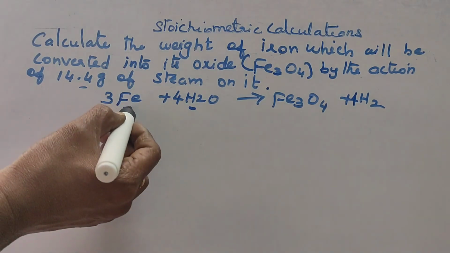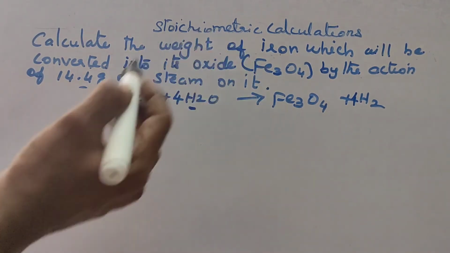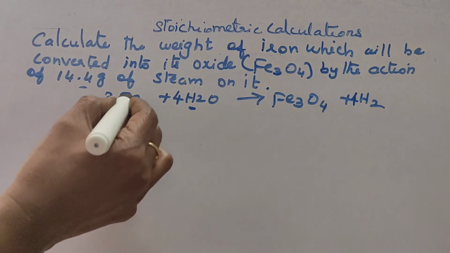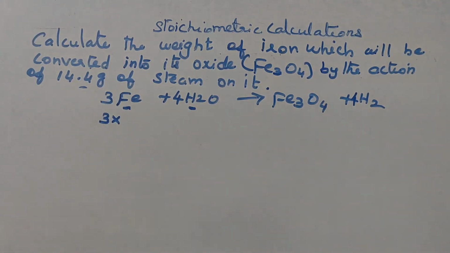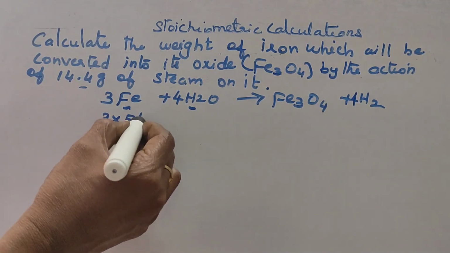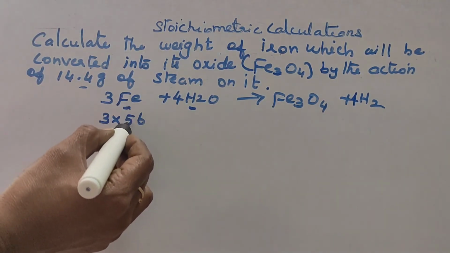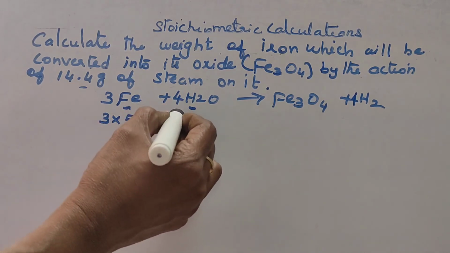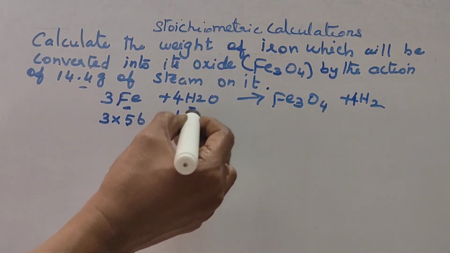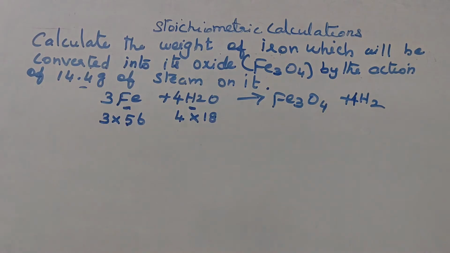Iron in which form? Mass. One iron, its molar mass is 56 gram. So, 3 into 56 gram of iron combines with 4 into 18 gram of water.